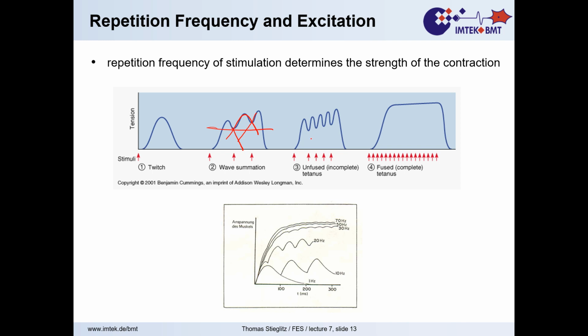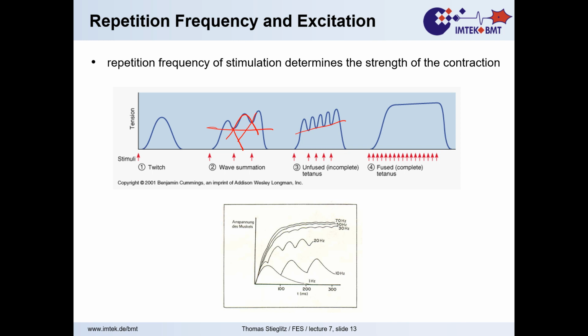If I go even faster with my nerve action potentials, one after the other, that goes higher and the ripples get less. And if I do it even faster, then the ripples disappear and I get a fully smooth contraction. This is also called a tetanic contraction.